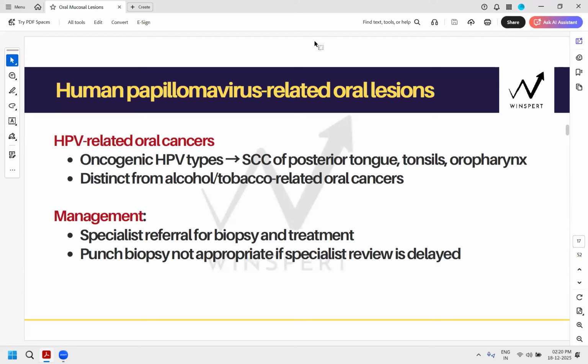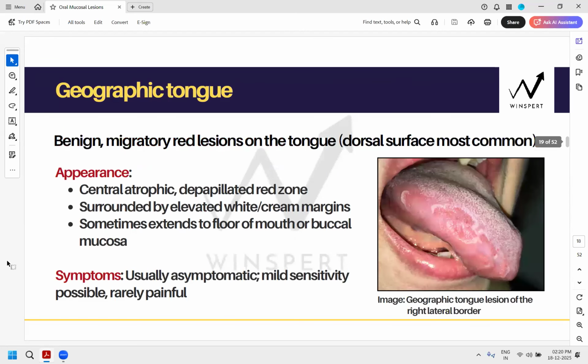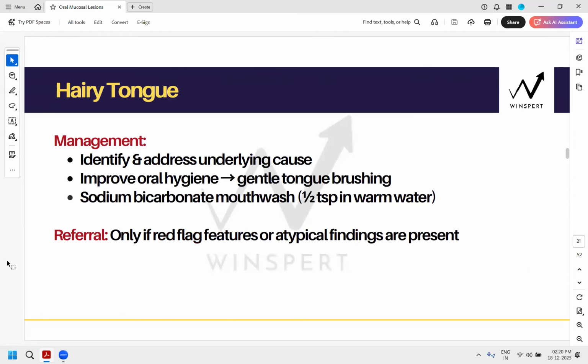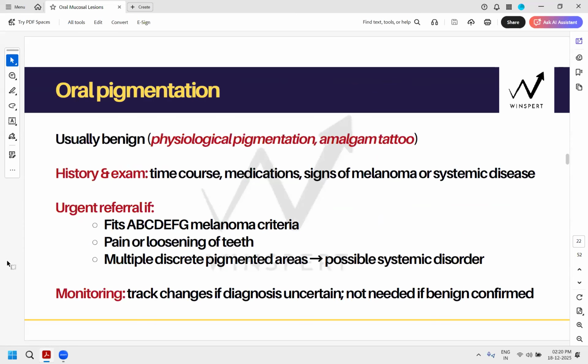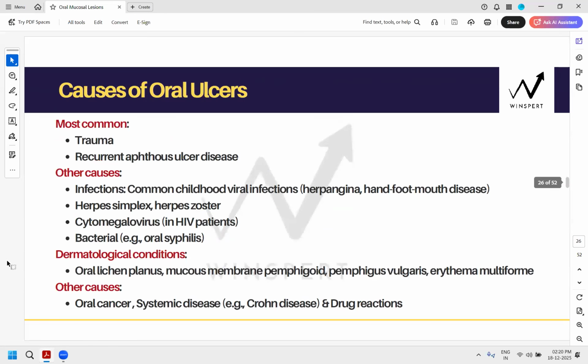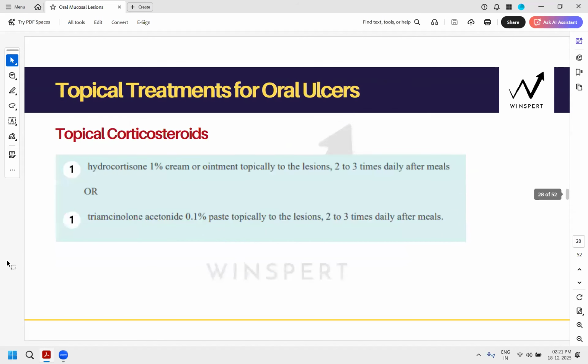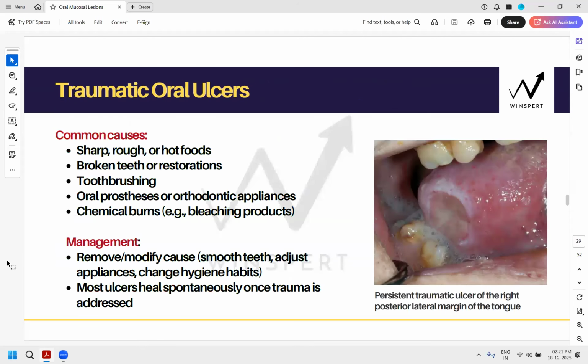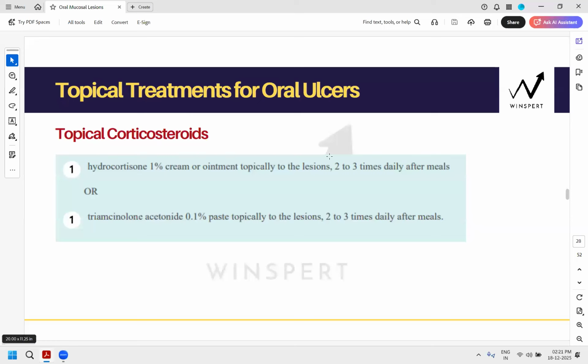Yes, the next class will be the continuation of this series. We will talk about other conditions, geographic tongue, hairy tongue, and then oral pigmentations, then malignant oral pigmented lesions, and we will continue to categorize them in the broader four categories. We'll start learning the management for the general dentist conditions, because there is one category where you will do the treatment.